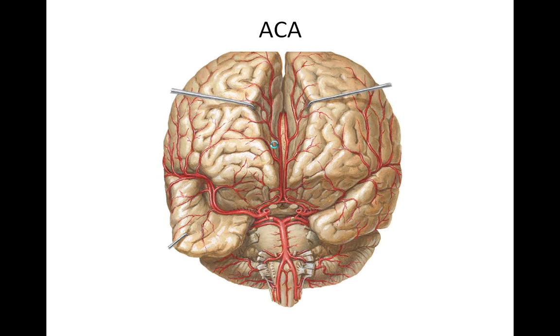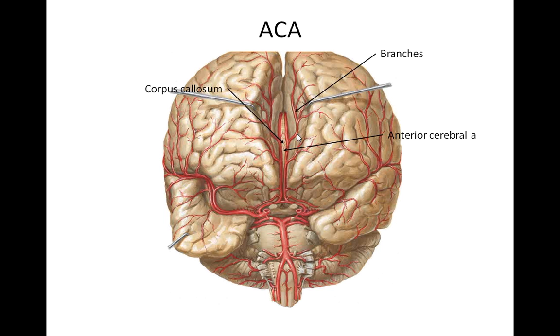So, firstly, we've got the anterior cerebral arteries, and once again, to revise, they pass over the top of the optic nerves, which lie here, and then reach the dorsal surface of the corpus callosum, where they lie in the interhemispheric fissure. They supply branches to the medial surface of the frontal and parietal lobes all the way back to the parieto-occipital sulcus.